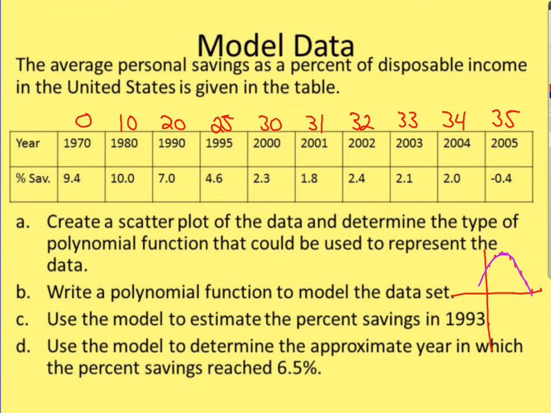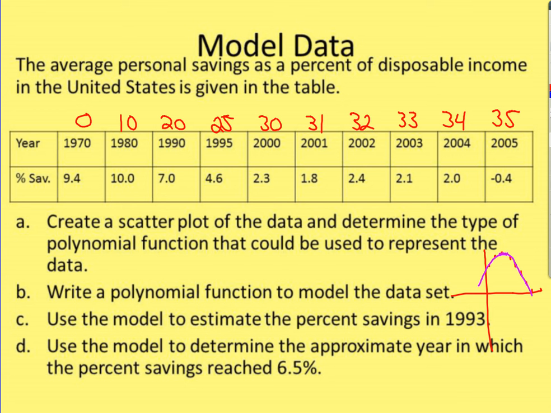So to write an equation for a quadratic, you're going to hit catalog. So you're going to hit second, 0. This is a quadratic regression. So we're going to go down to our Q's, and we're going to select QuadReg. We're going to put in list 1. So if you hit second, Stat, that's going to select your list.